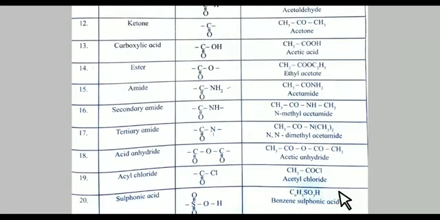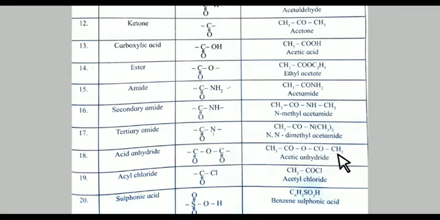Next is acid anhydride. A generally used acid anhydride is acetic anhydride. Acid anhydride has the functional group C=O, C=O, means whenever two alkyl groups attach with C double bond O, O C double bond O, means CH3 CO CO CH3.